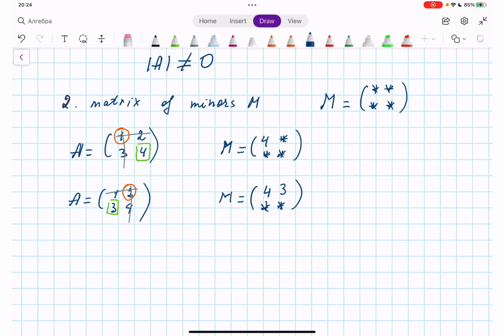Next, we are taking 3. And again, crossing, and we have 2 left. So this 2 is filling out the second row, first column.